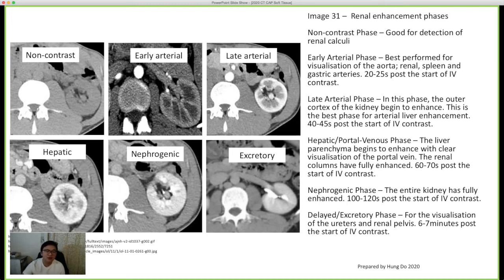So if you have a look at the aorta here, you can see a lot of contrast in the aorta, and you can see not as much in the aorta here. That's because we've allowed a sufficient amount of time for the contrast in the aorta to move through the capillary beds, and then to go through the organ, and then return as a venous phase.